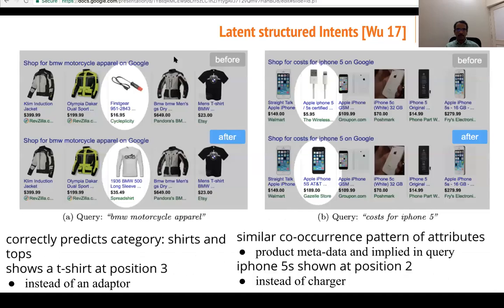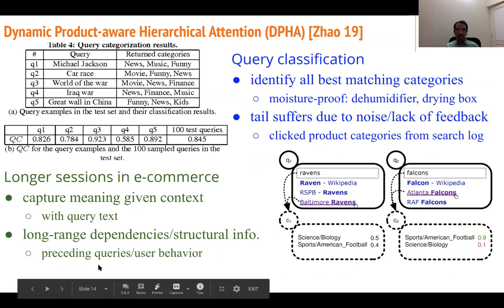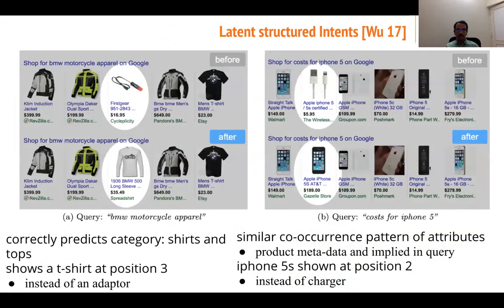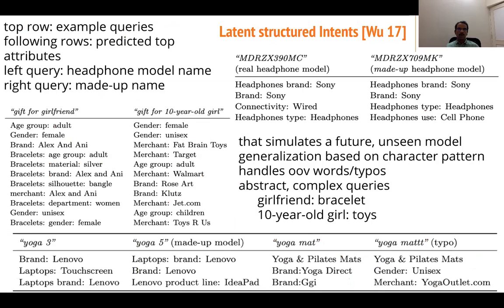So like Yoga 3: brand Lenovo, laptops, touchscreen, laptop brand Lenovo. Yoga 5, a made-up model: brand Lenovo, product line IdeaPad. Yoga Mat, it's like the typo, right?